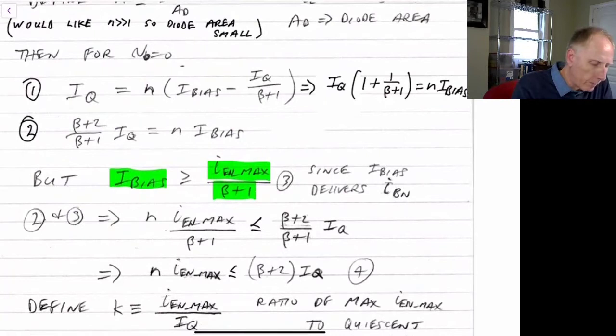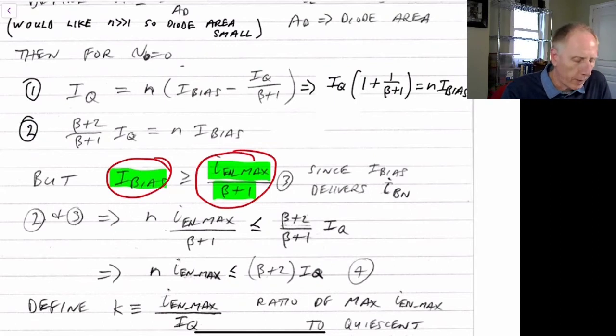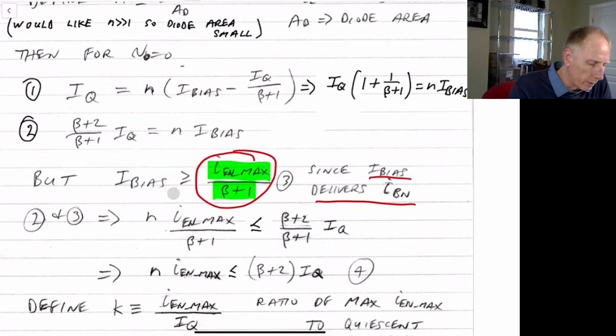So we have that the bias current must be greater than the maximum current ever delivered by the NPN transistor divided by beta plus 1. And that's because I bias has to deliver that current. And if it can't deliver that current, we can never deliver the output current.